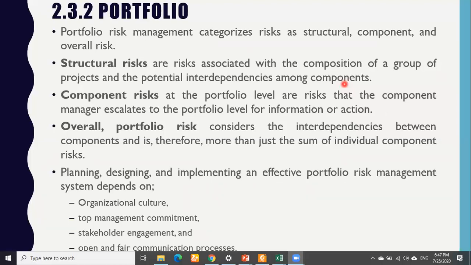There are other deliverables as well, like power and dams, they're constructing dams. Yes, they might be connected with each other under one portfolio. Could be. Yes. Anyone else? Anyone else? Interdependence.